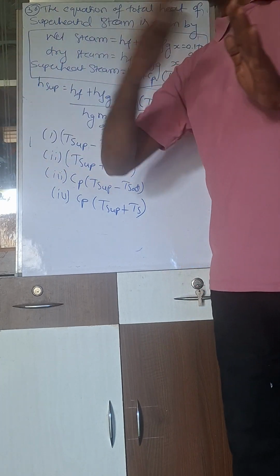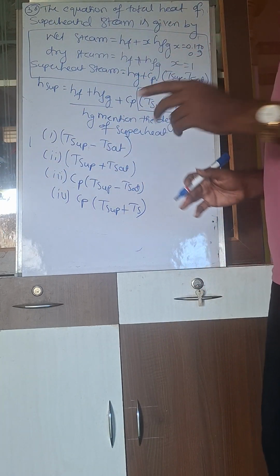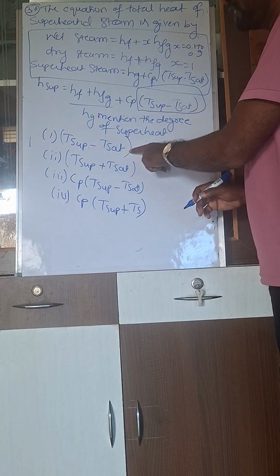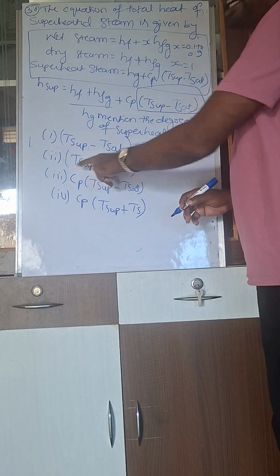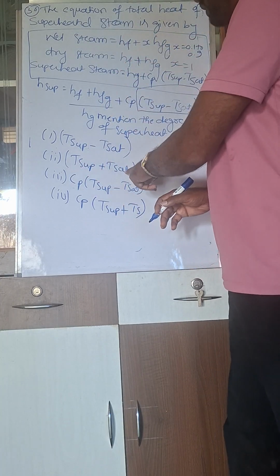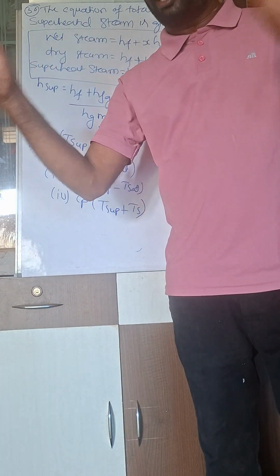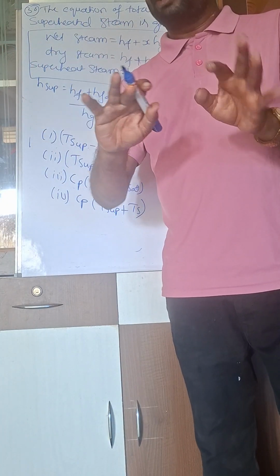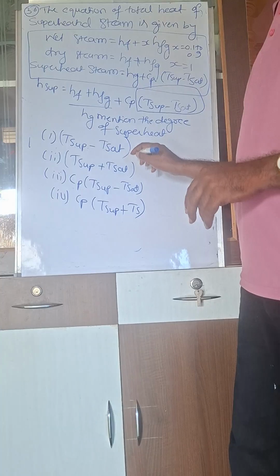It will be rejected, transferred to the atmosphere. That is called T superheated minus T saturated. But in the second one, T superheated plus T saturated, it is not added to the steam. This concept is wrong.